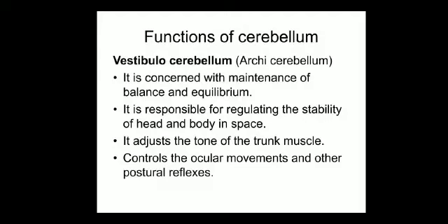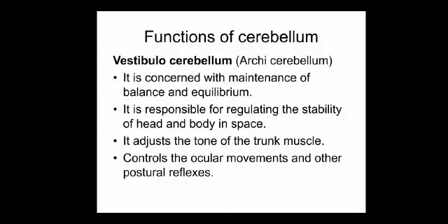This fastigial nucleus is usually concerned with the vestibulocerebellum. That means the inputs coming to the cerebellum from the vestibular apparatus form synapses with the Purkinje cells, which in turn form synapses with the fastigial nucleus.